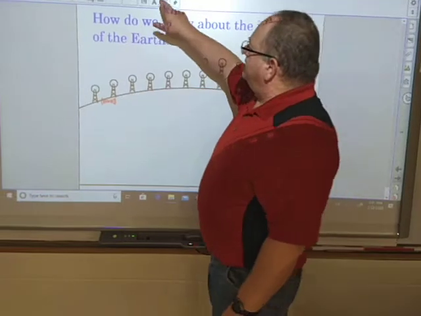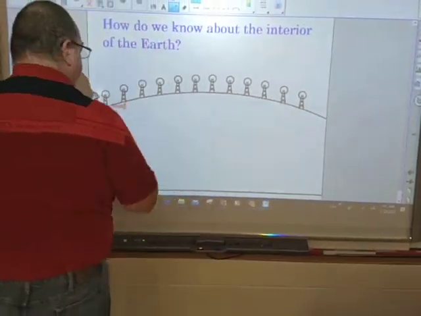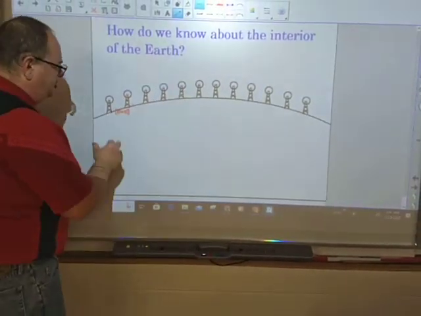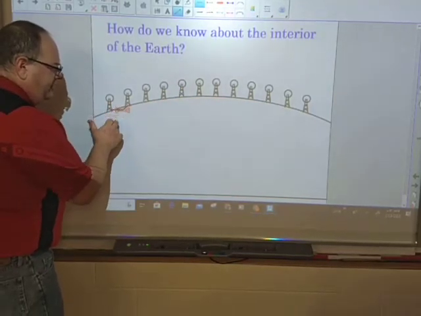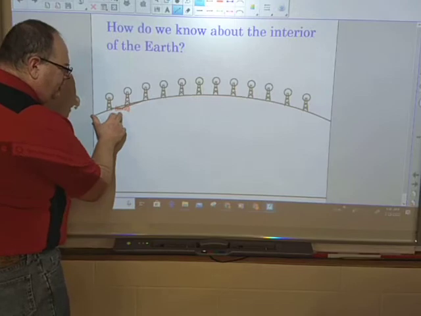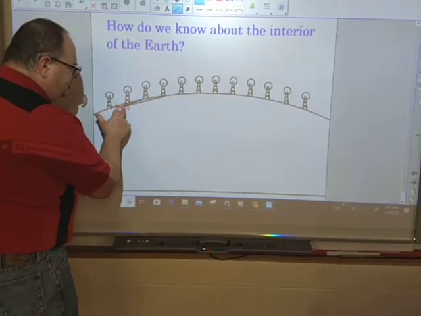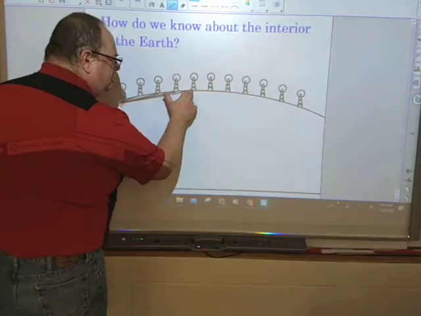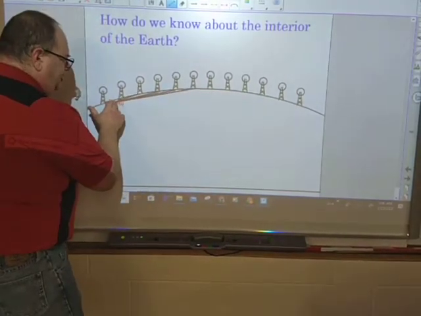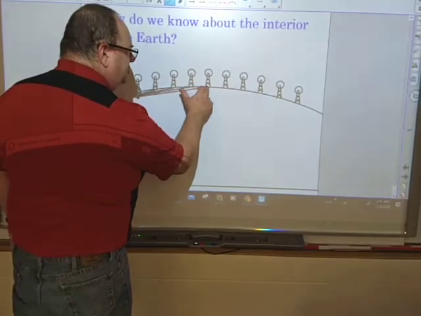Those waves travel to each of these seismic stations. So the wave is going to travel from there to there, from there to there. I'm just going to take the time to draw my waves going to each of these seismic stations.